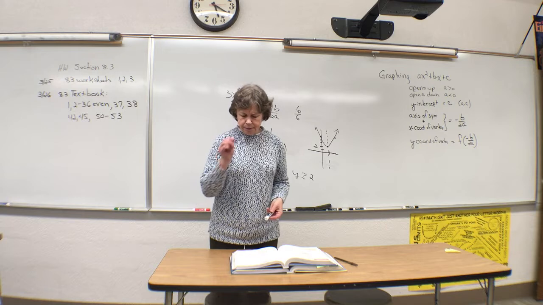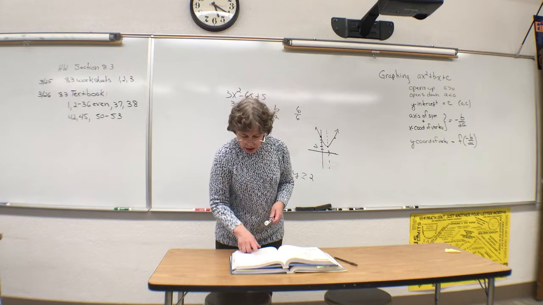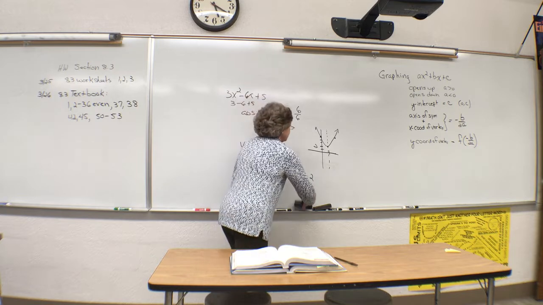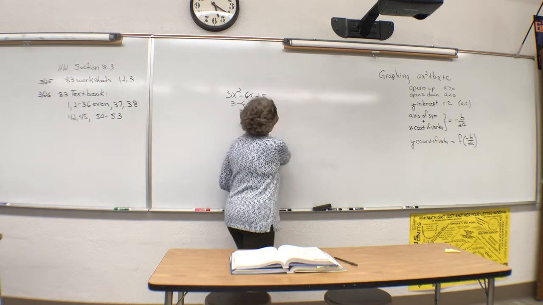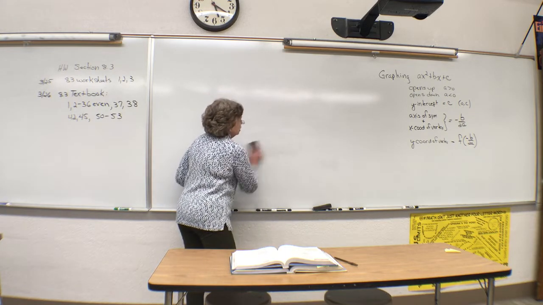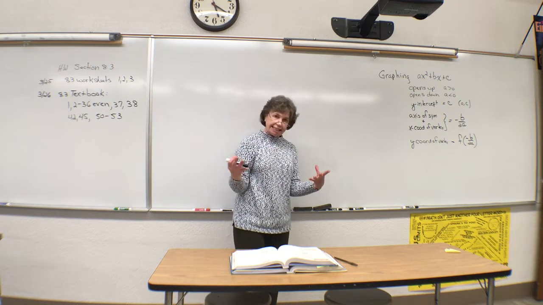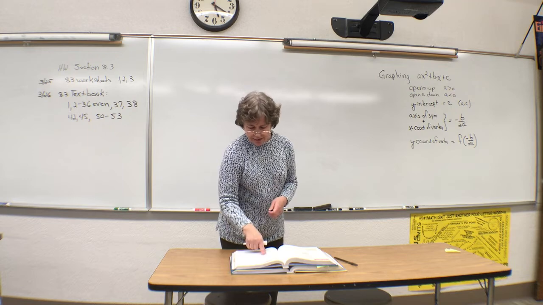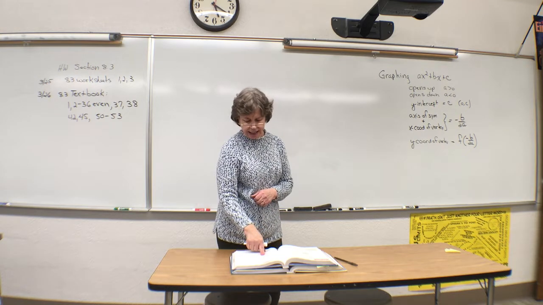Look at example of monitoring progress on page 433. We might as well do these together. Or, ideally, you would pause them and do them yourself and see if you're right. We're graphing the function and describing the domain and range.